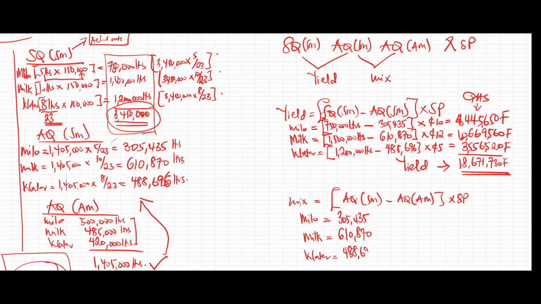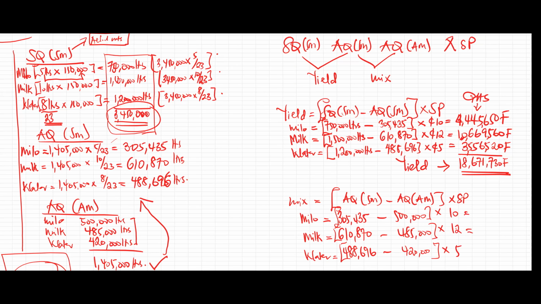488,696. Then I subtract the actual quantity at actual mix. We know this one was 500 liters, this one was 485 liters, and this one was 420 liters. Now, all at standard price, so 10, 12, 5.